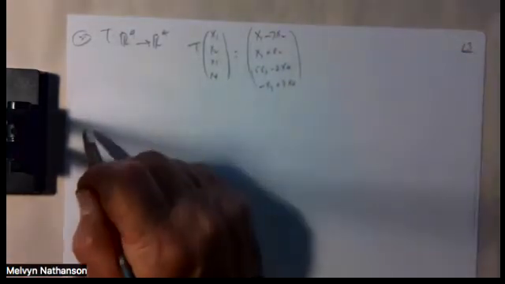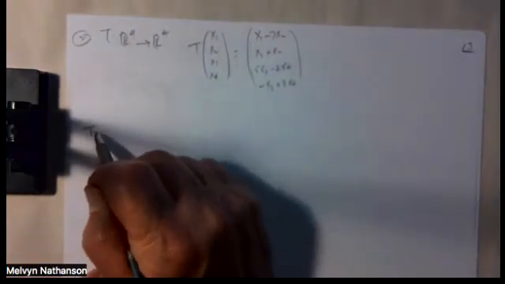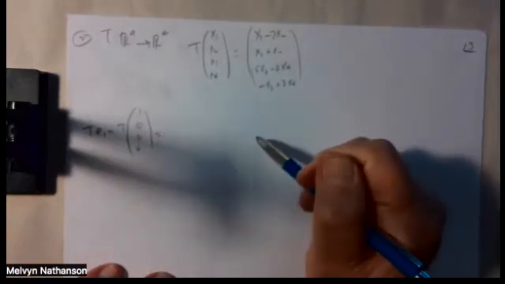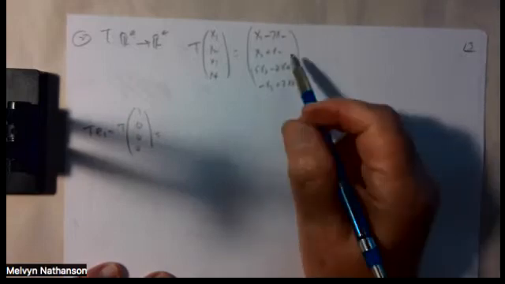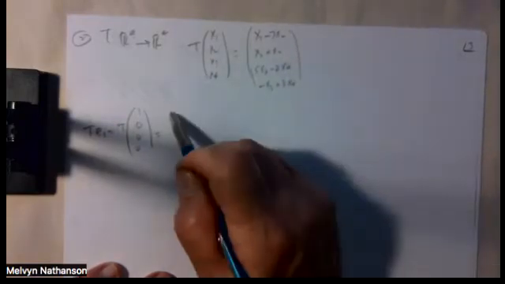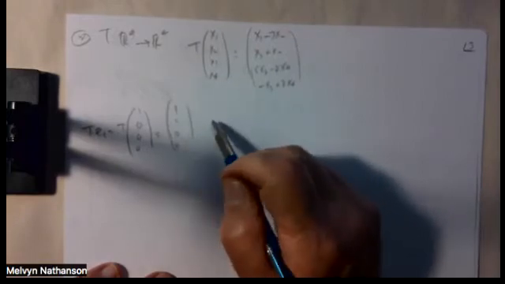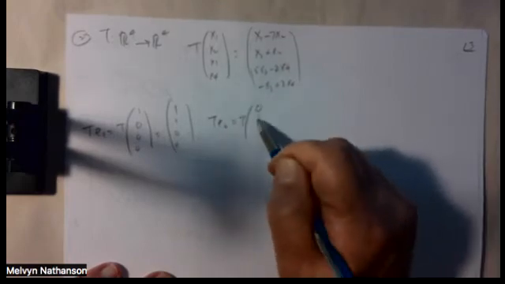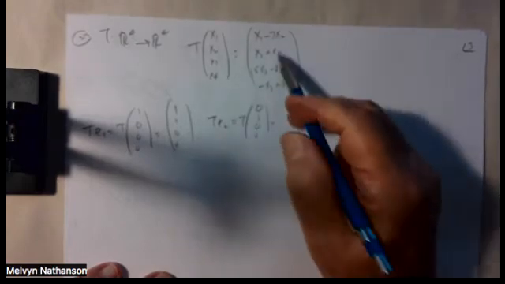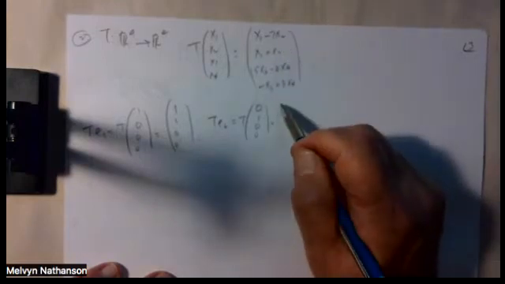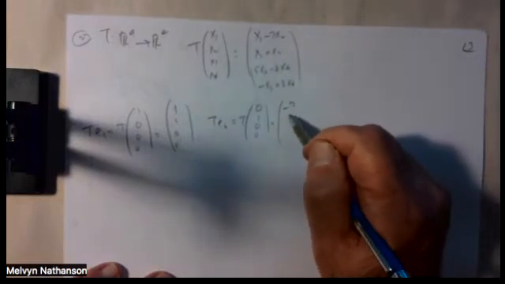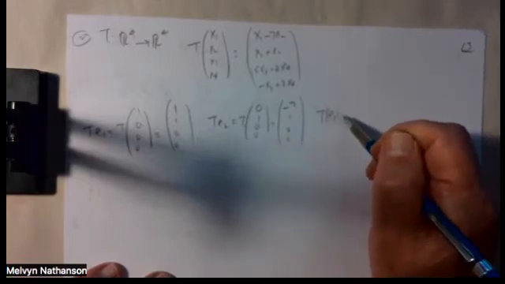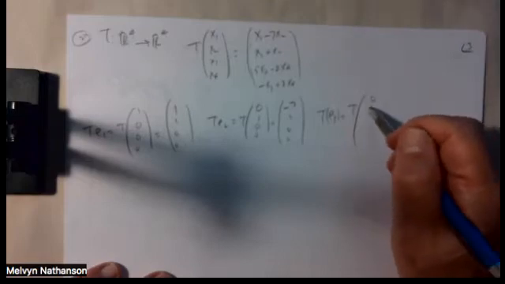So if you want the matrix with respect to the standard basis, T of E1, which is T of 1, 0, 0, 0, when x1 is 1 and the other coordinates are 0, you get 1, 1, 0, 0. T of E2, which is T of 0, 1, 0, 0, x2 is 1, the other coordinates are 0, you get minus 7, 1, 0, 0. T of E3 is T of 0, 0, 1, 0.